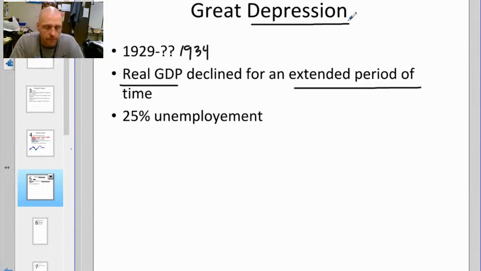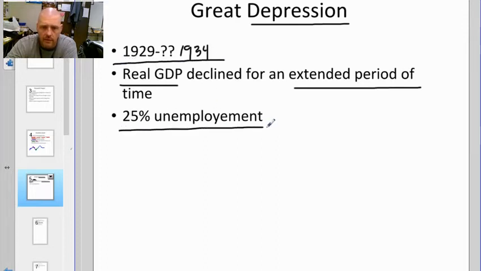It's got to be this certain percentage of unemployment to call it a depression. I don't think there's an official textbook definition. We look at this chunk of time, this late 1920s, early 1930s, and saw 1 out of every 4 people out of work for an extended period of time. We're like, well, that's the worst we've seen in modern times. So we're going to call that a depression as kind of a measuring stick.